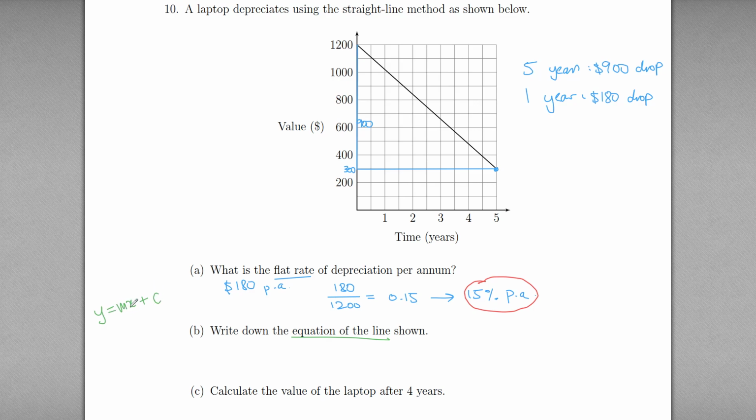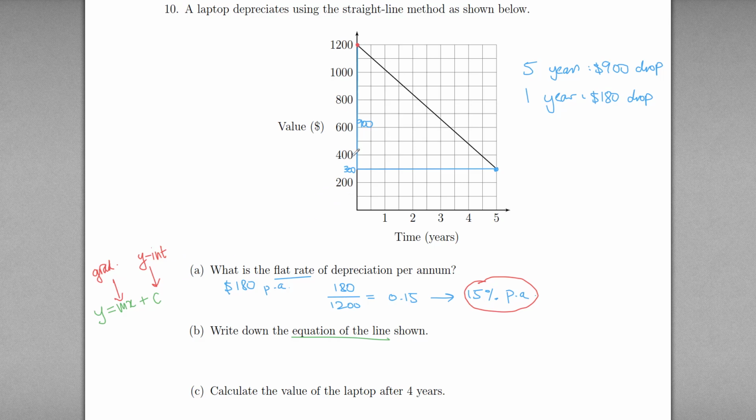So y equals mx plus some number, and m, remember, was the gradient, and c was what we called the y-intercept, or where the line touches the vertical y-axis. So we know that this number c is actually 1200, because that's where the line touches the y-axis. What's the gradient?